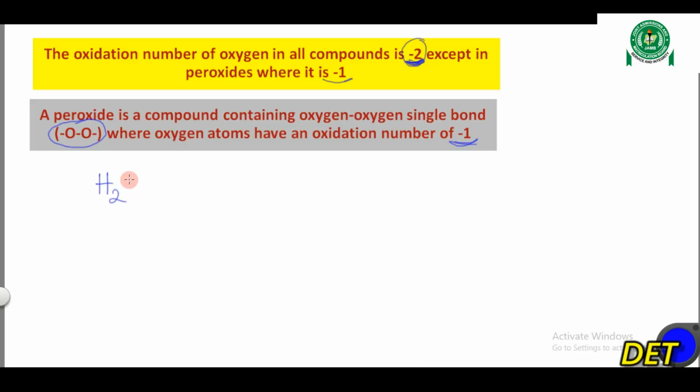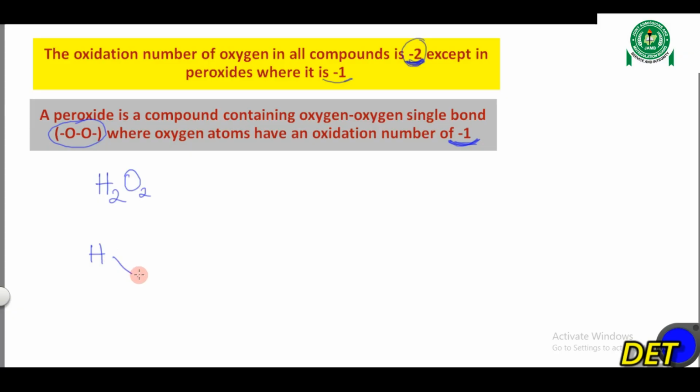So example of a peroxide is hydrogen peroxide. Hydrogen peroxide is written as H2O2, right? The oxidation number of oxygen in this compound is -1. Why is it a peroxide? Because it contains oxygen to oxygen single bond. And another reason why it is a peroxide is because the oxidation number of oxygen is -1. So structurally, hydrogen peroxide looks like this. This is hydrogen.